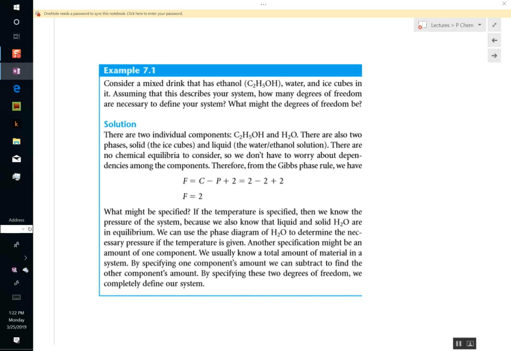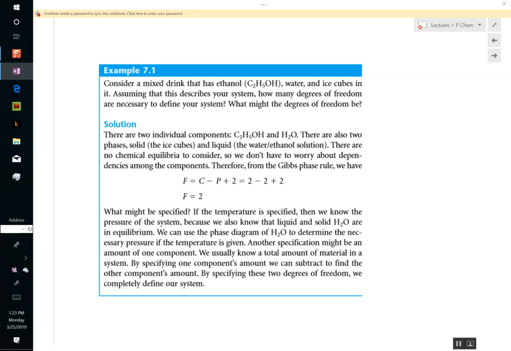C is 2 because you've got water and ethanol. You have 2 phases. You've got water and ethanol in the liquid form, and you've got ice cubes in the solid form. So you have 2 phases. So 2 minus 2 plus 2, there are 2 degrees of freedom.